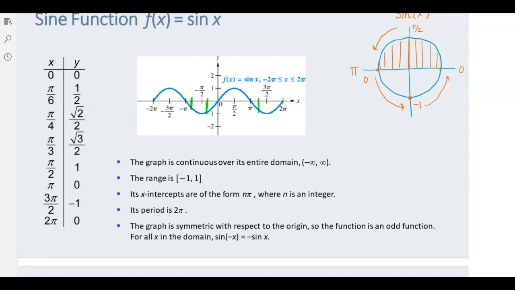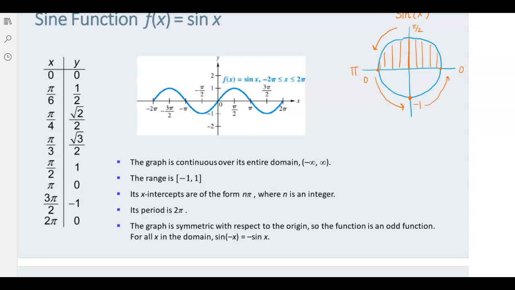The range, on the other hand, is the set of all the y values. So if I took the graph and put it onto the y-axis, it looks like it's only going to go between -1 and 1. So that's called the range.